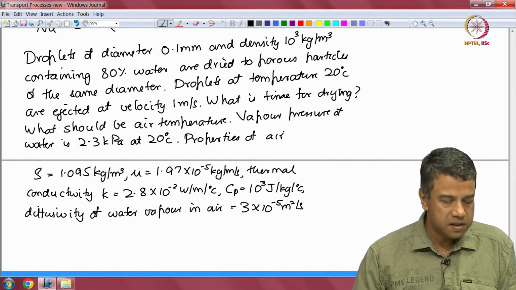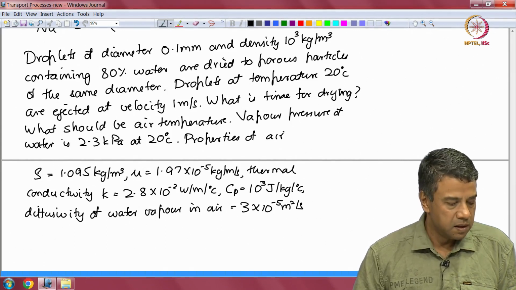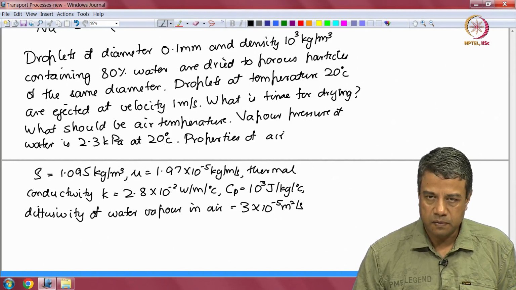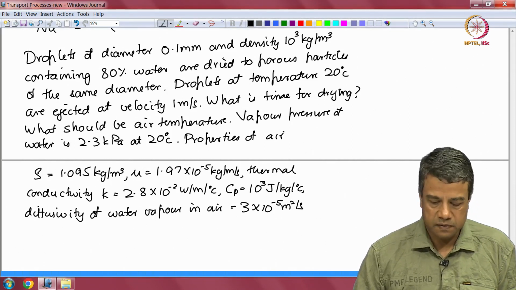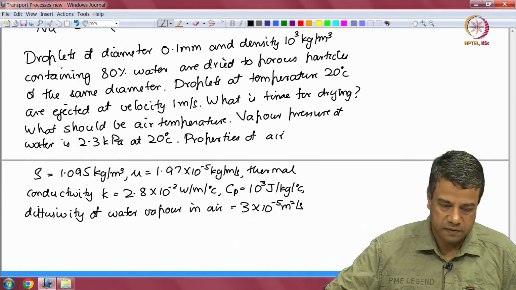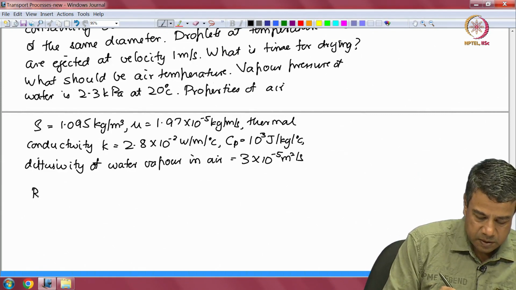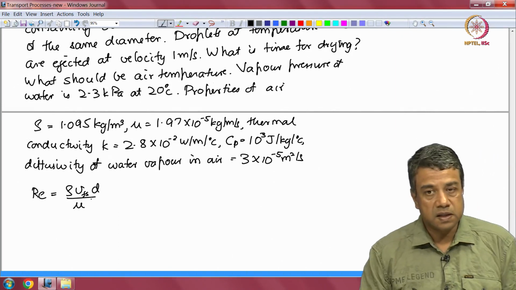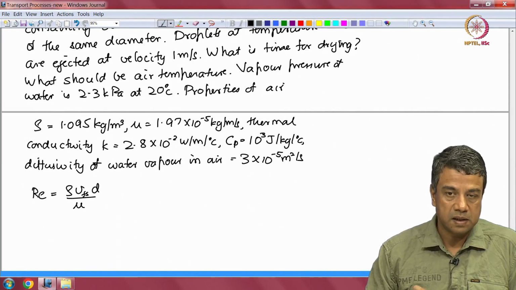So, now we have to estimate what are the dimensionless groups in this case. The independent dimensionless groups: Reynolds number for fluid flow, Prandtl number for heat transfer, and the Schmidt number for mass transfer. So, let us do that. The Reynolds number is equal to rho V free stream d by mu. In this case, the droplet is passing through air, so you have to consider the air properties.